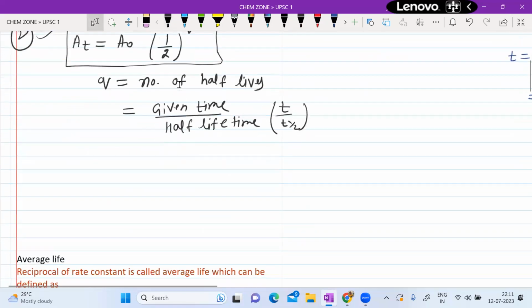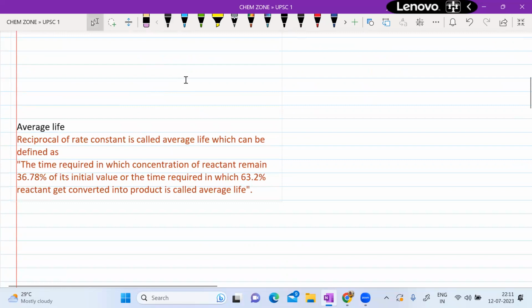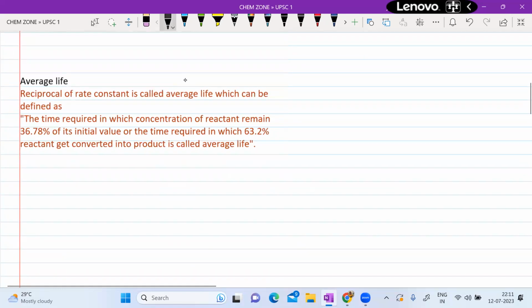Now there's another topic known as average life, the concept of average life. No derivation is asked from this topic, but it's an important concept. Questions can be asked from this topic.